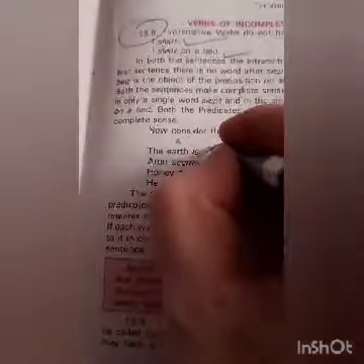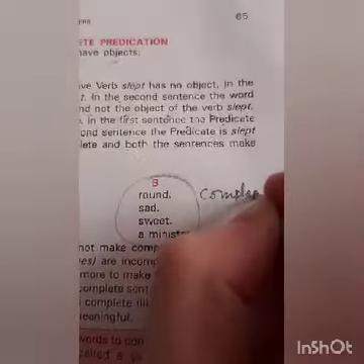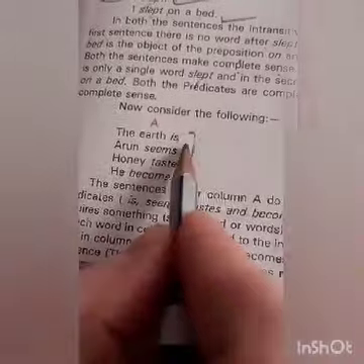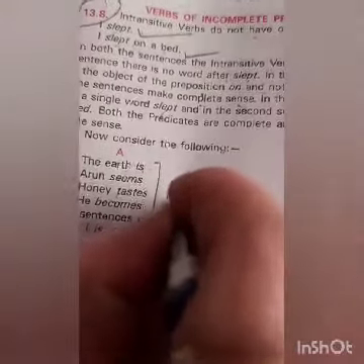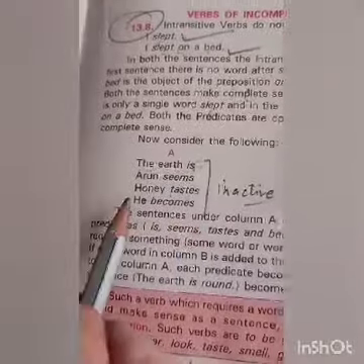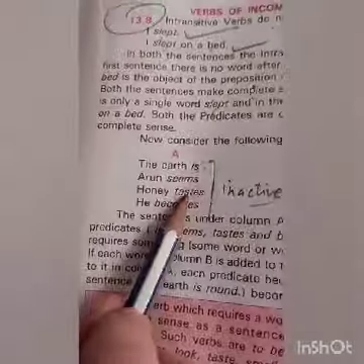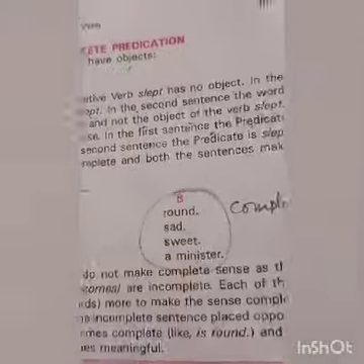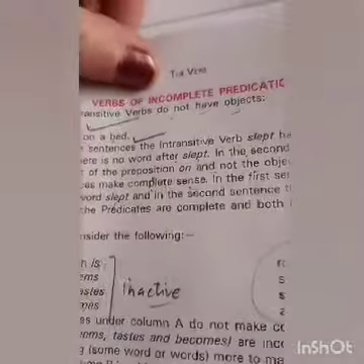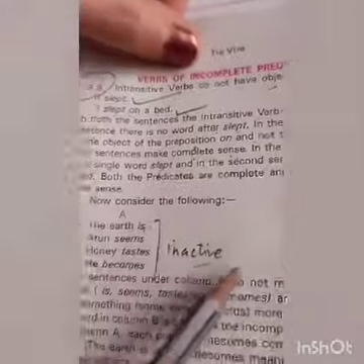These words are called complement. Now is, seems, stays, becomes. These verbs are inactive verbs. These verbs do not show any action, right? They are all incomplete without a complement. So therefore these verbs are called verbs of incomplete predication. They need a complement to complete their sense.